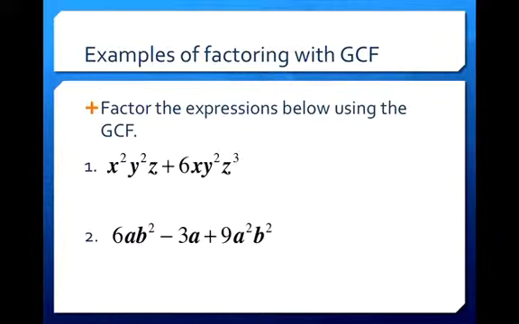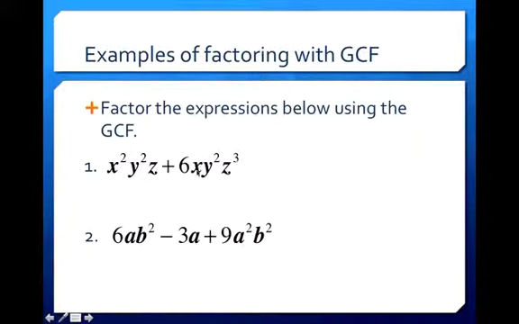All right, in this first example, there's no number that I can divide both of these by except 1. Both of these have an x. This one has an x squared, this one has an x. The most that I can take out of both of them is just 1 x, so it's always the lower of the two. I can divide this by x, I can divide this by x.